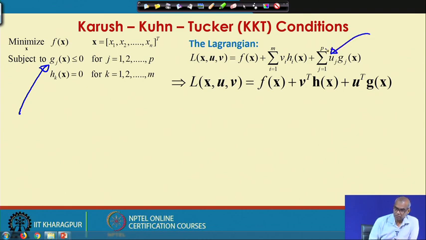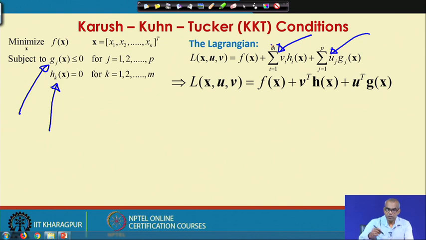Similarly, we define m Lagrange multipliers, v_i, one for each of the m equality constraints. So, u_j and v_i are the Lagrange multipliers.